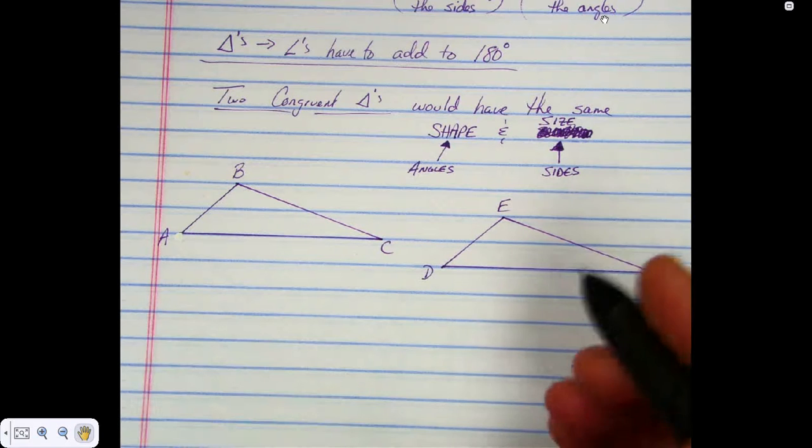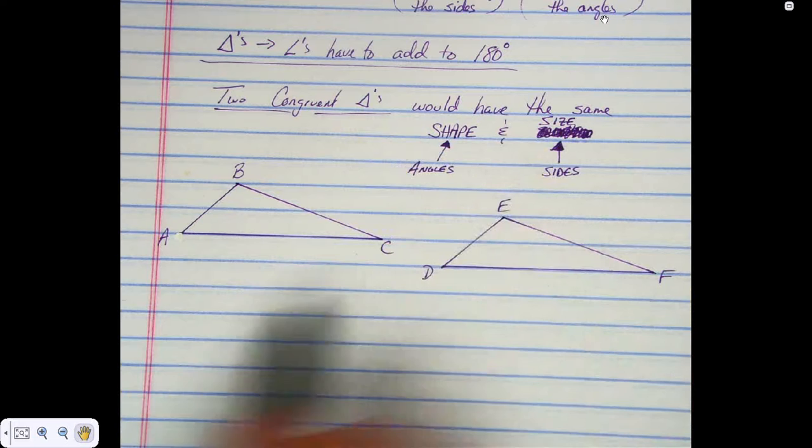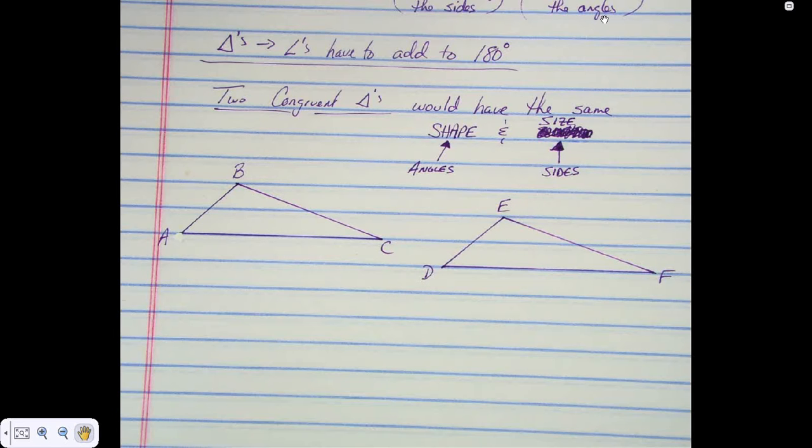What do you think I'm leading you to right here? We said two congruent triangles have the same shape and size. If there's one thing you could tell me about these two triangles, what do you think it could be? Give me a statement. They're congruent. Give me more detail about a part. The angles will be the same.